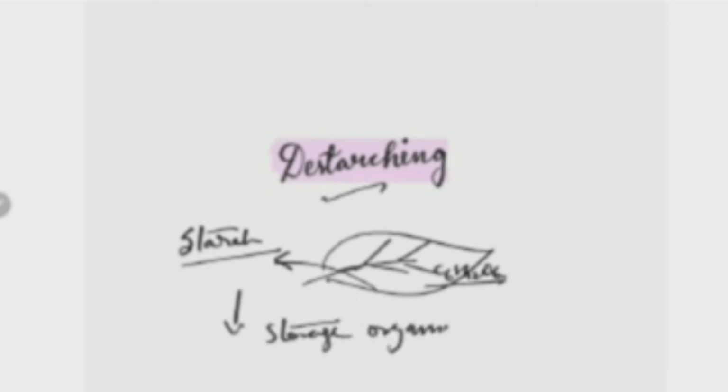Here I have written the discharging again, so I am just recapitulating the discharging part. What is discharging? It is the removal of starch from the leaf which has already been produced by the plant beforehand. Before we conducted the experiment, the plant had already produced some starch, so we need to remove it. The starch is stored in the storage organ, and we want to remove it.